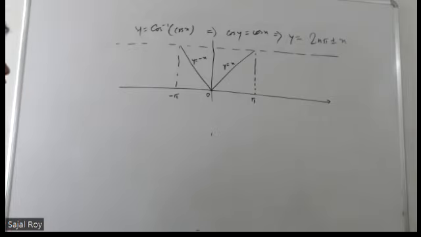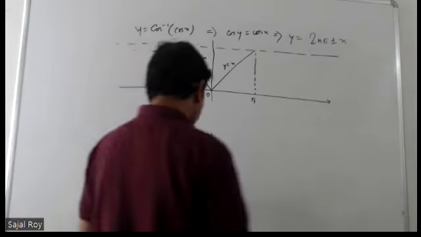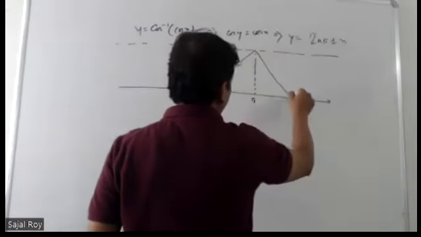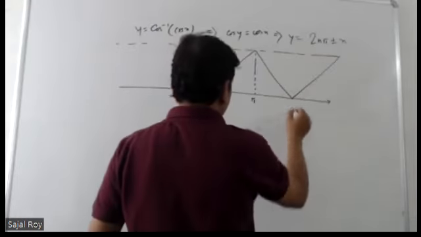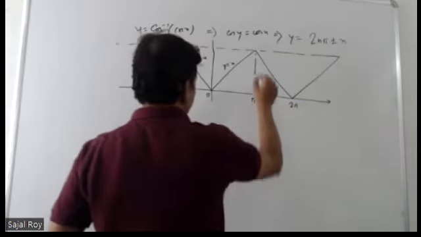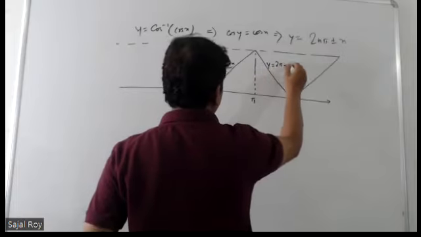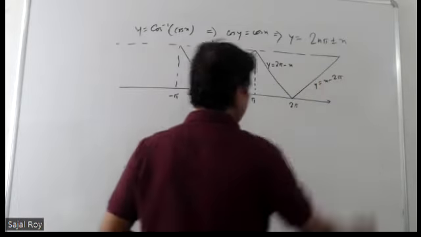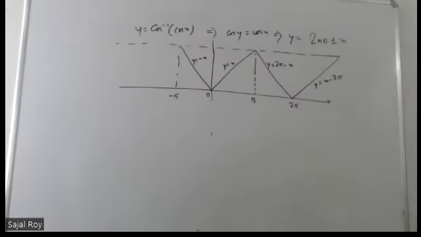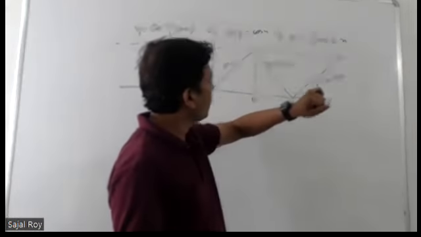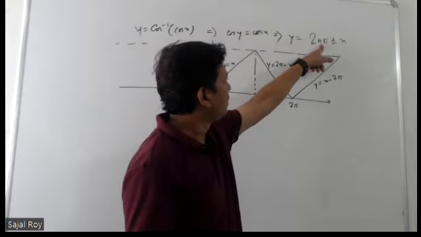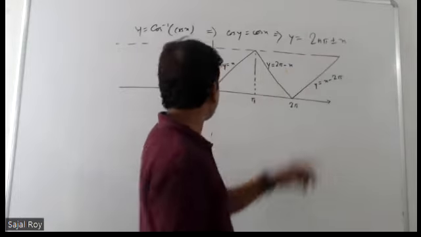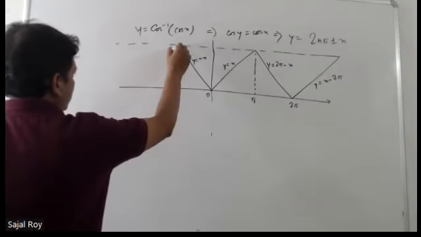First pair is y equal to plus minus x, then you go here, it will again have two pairs. This is 2 pi, so y equal to 2 pi minus x, y equal to x minus 2 pi. If you replace n by 1, it will be 2 pi plus minus x.